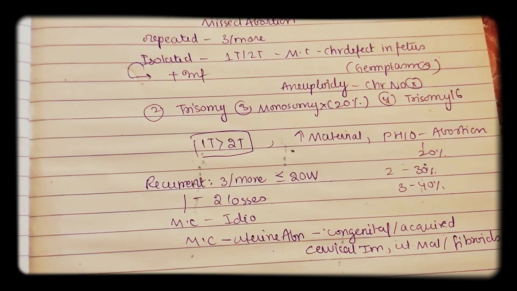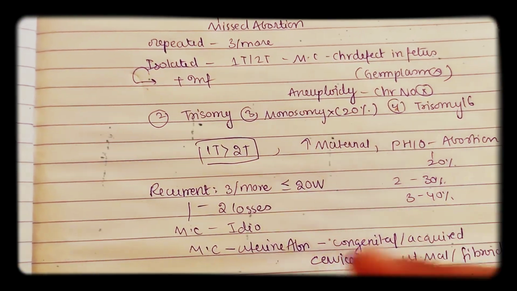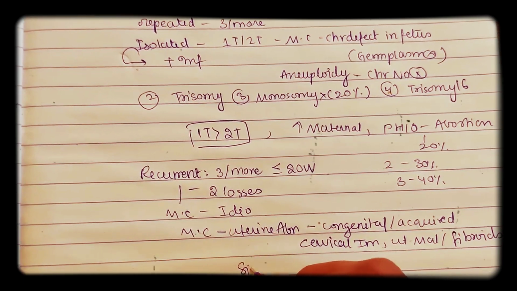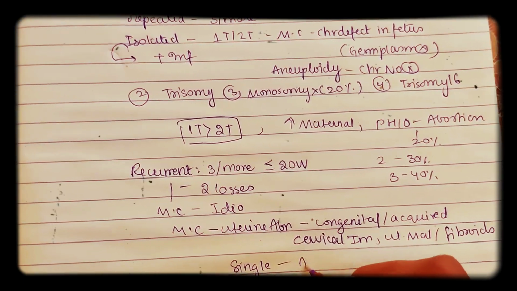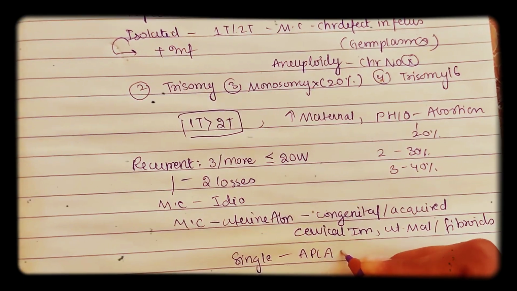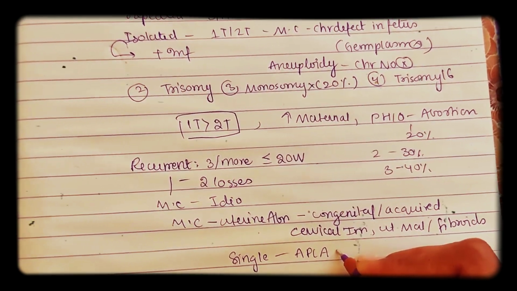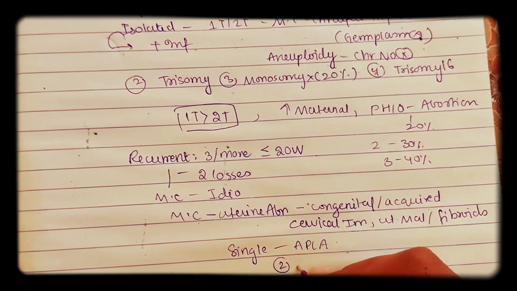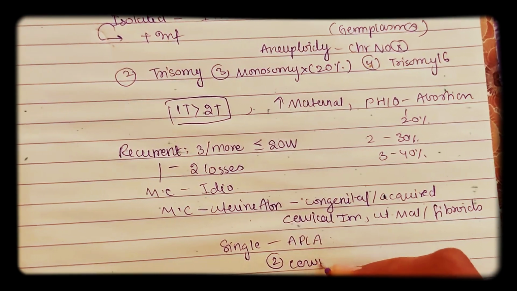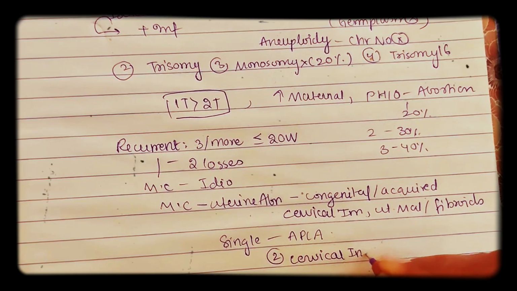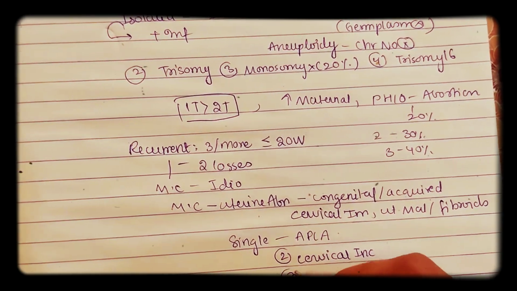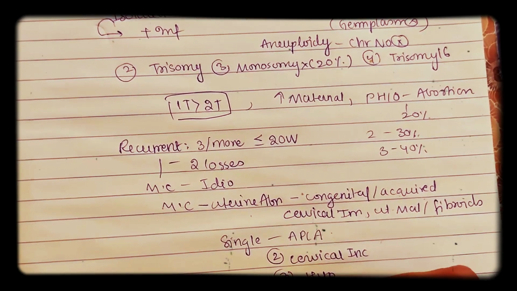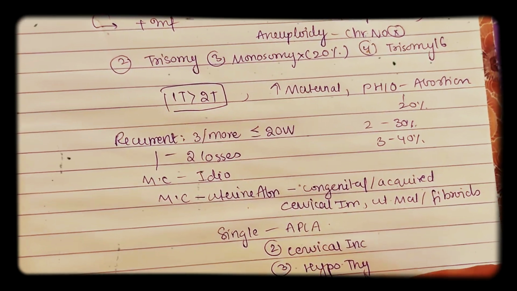And the most common single cause leading to recurrent abortion is APLA syndrome, that is antiphospholipid antibody syndrome. The second best answer would be cervical incompetence, and the third best answer would be hypothyroidism.